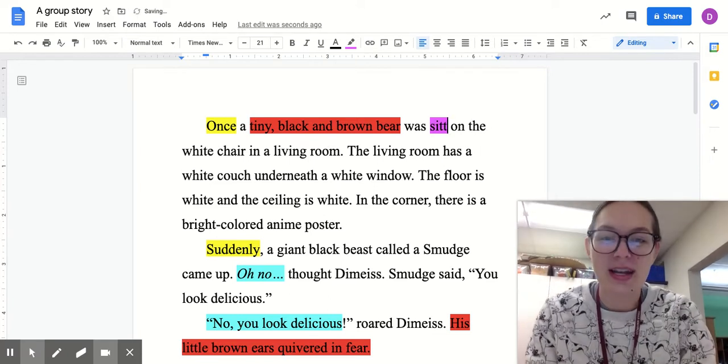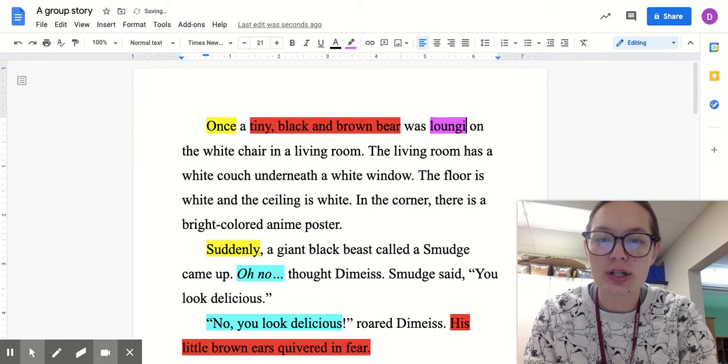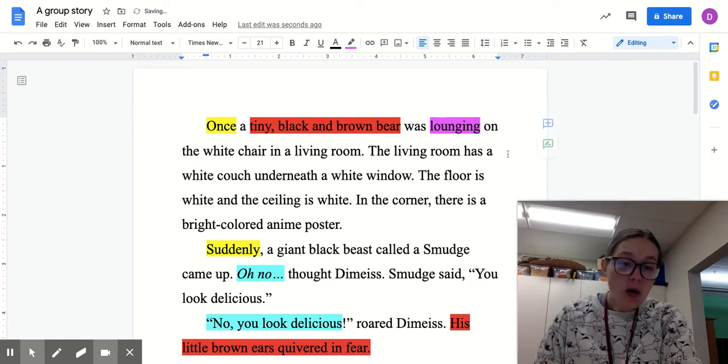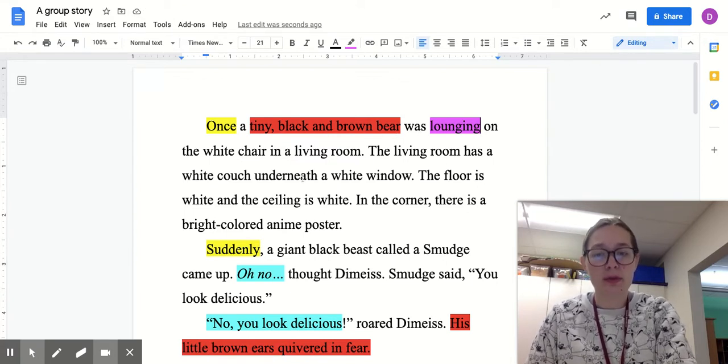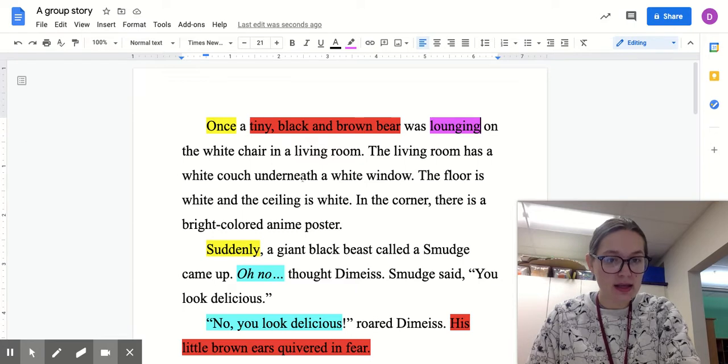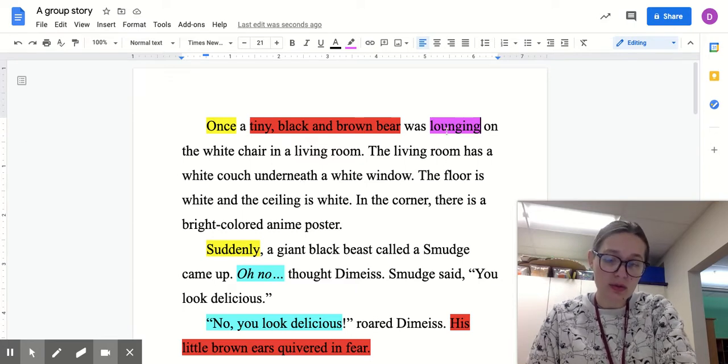I'm thinking of the word lounge. So I'm going to change this to lounging. Now I have a much more interesting verb. Once a tiny black and brown bear was lounging on the white chair in the living room. That already makes the story more interesting and fun to read.